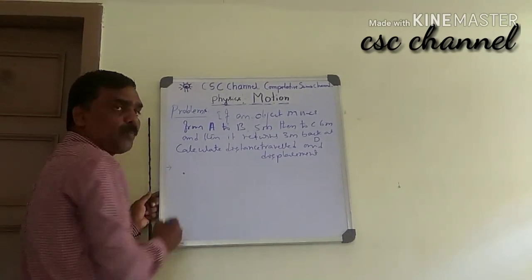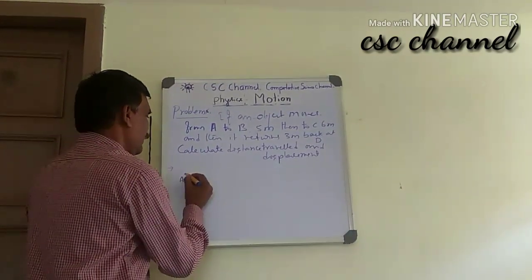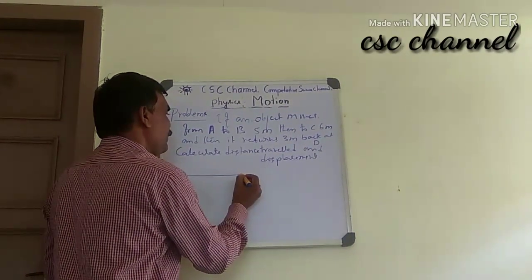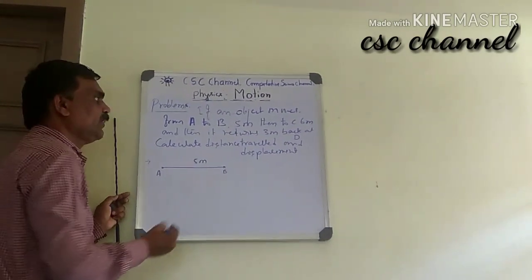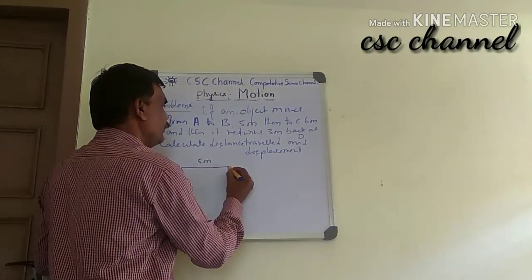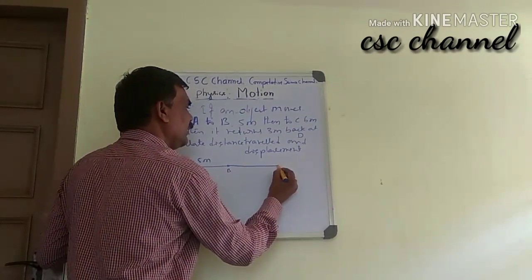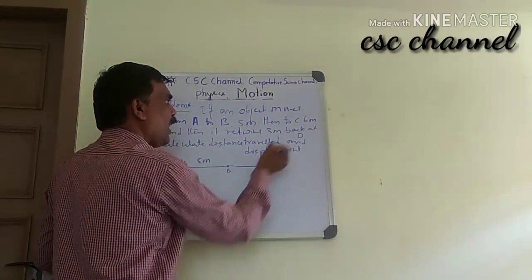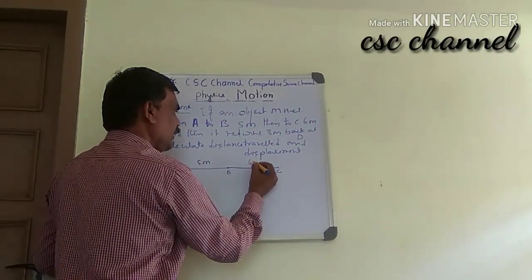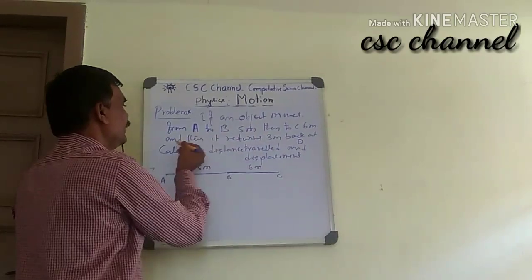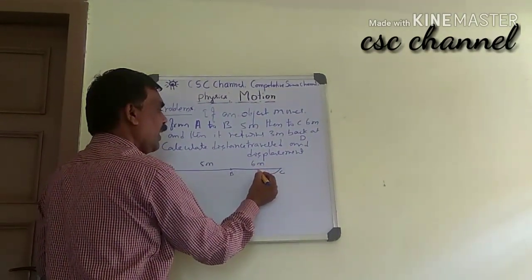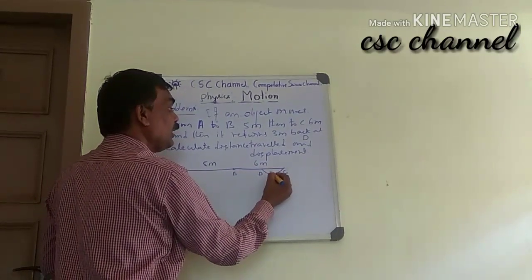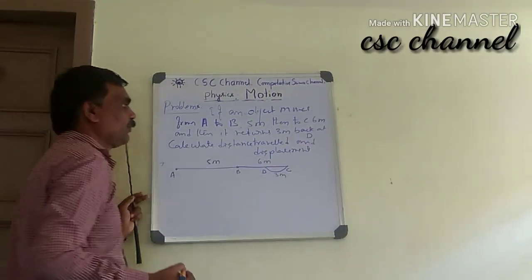See, first the point is A, it travels to B at 5 meter the distance, then it moves to C for 6 meter, then it returns back to D for 3 meter back.